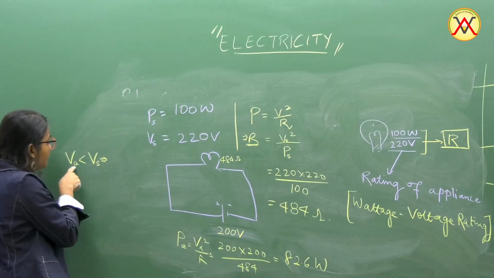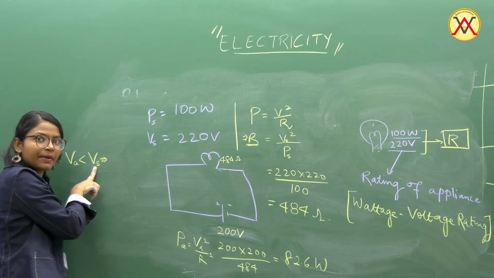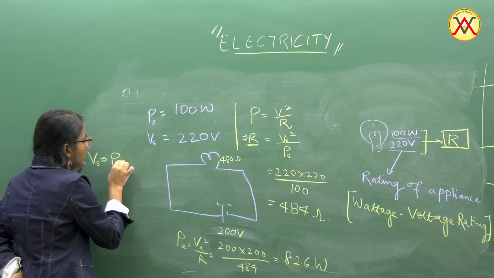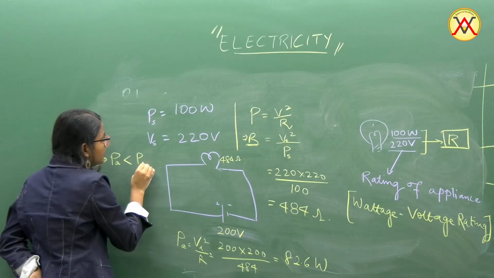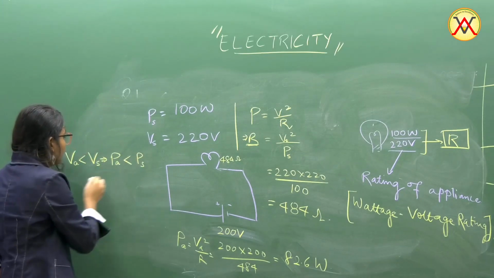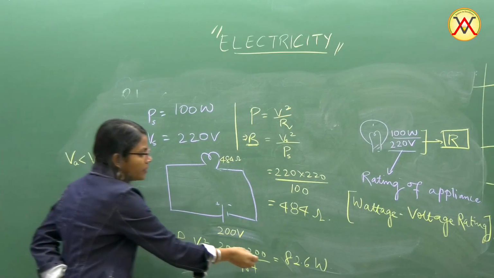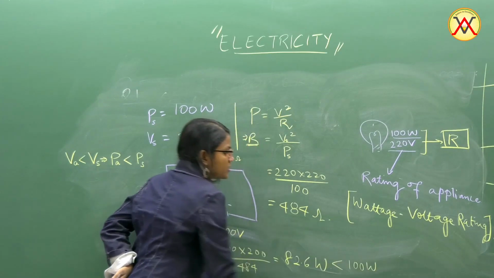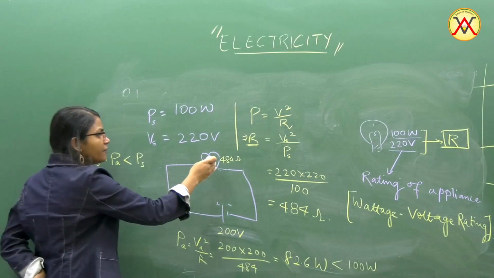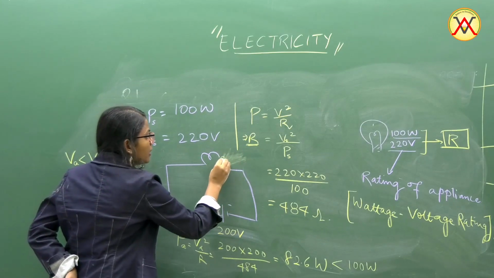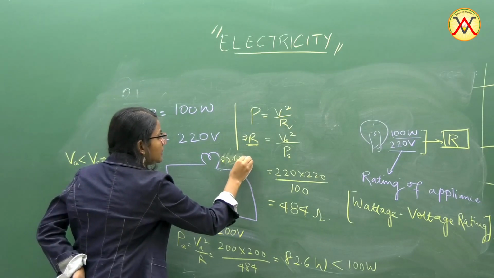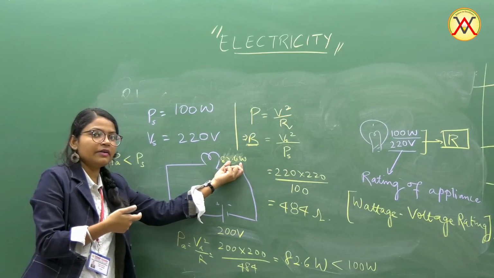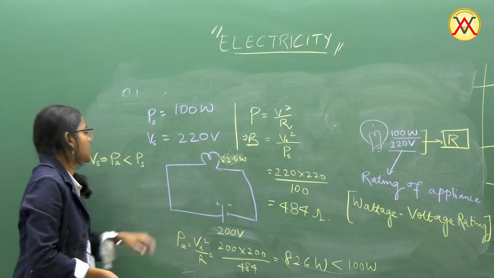So when applied voltage is less than the specified voltage, our applied power will be less than the rated power, right? Here this power is coming out to be 82.6, which is of course less than our 100 watts. So our bulb will carry on glowing, but now with less power. If the bulb carries on glowing with less power, that means the bulb will be dimmer in this case.